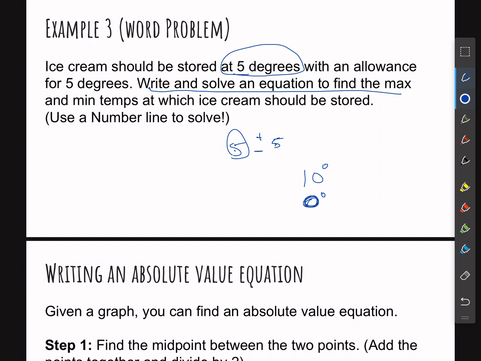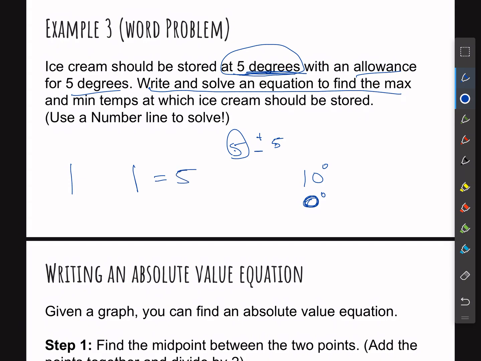But let's see if we can figure out how we can make an absolute value equation. So basically, what I want you to think about with this is, we know that the distance is the same as the allowance, right? We can have plus or minus 5 degrees. That's a distance, right? So I could say the absolute value of something is equal to 5, right?